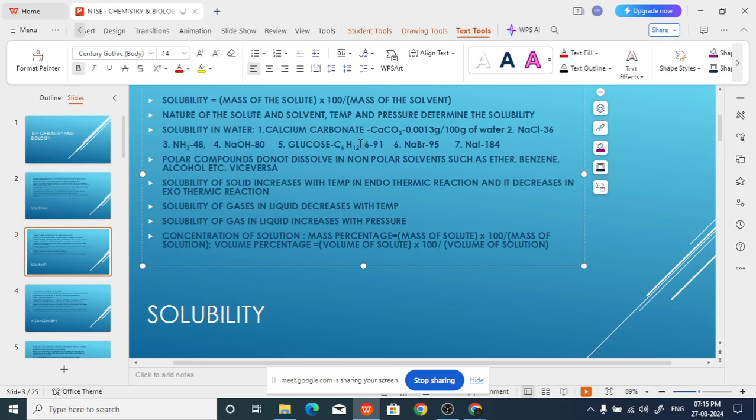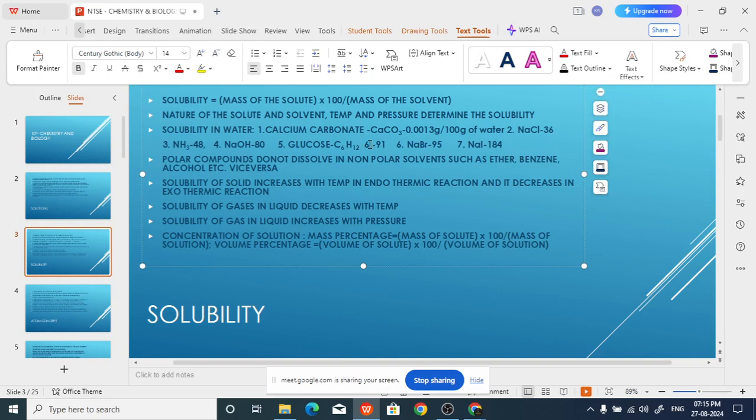NaCl is equal to 36, NH3 is equal to 48, NaOH is equal to 80, glucose C6H12O6 is equal to 91.